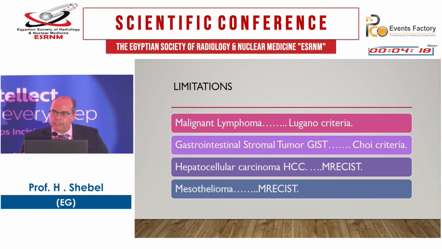So RECIST criteria could be applied for most tumors except these. Malignant lymphoma usually uses Lugano criteria. Gastric tumor usually uses Choi criteria. And hepatocellular carcinoma and mesothelioma use modified RECIST criteria. So when you're facing a tumor like this, RECIST criteria will not be applied.